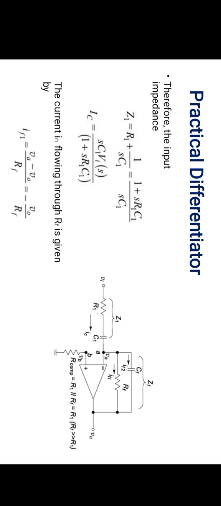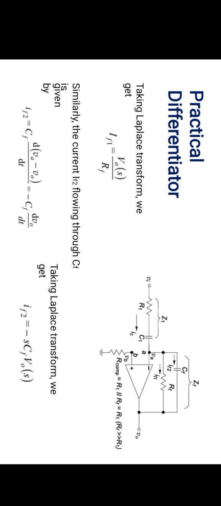IC equal to S into C1 Vi of S divided by 1 plus S into R1 into C1. The current IF1 flowing through RF is given by IF1 equal to (VA minus V0) by RF equal to minus V0 by RF. Taking Laplace transform, we get IF1 equal to minus V0 of S by RF.